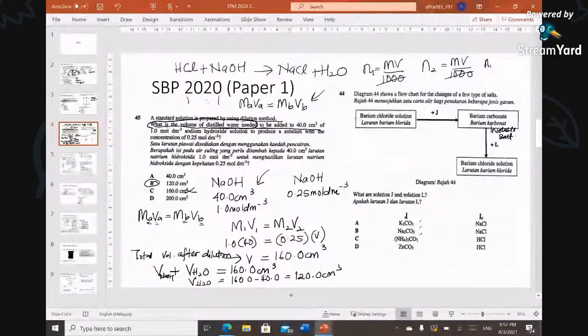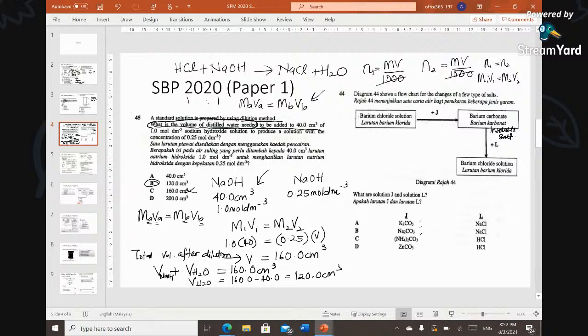So this is M1V1 equals M2V2, versus MAVA equals MBVB. So that is the difference between the equations. Okay, this one you use for acid and base, this one you use for the dilution method. Okay, the concept is because the number of moles are the same.